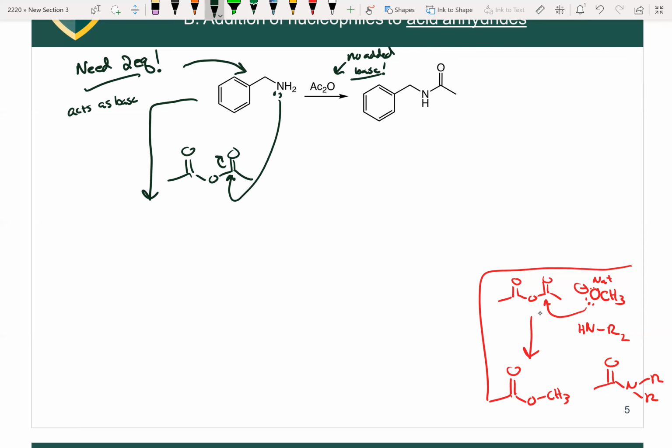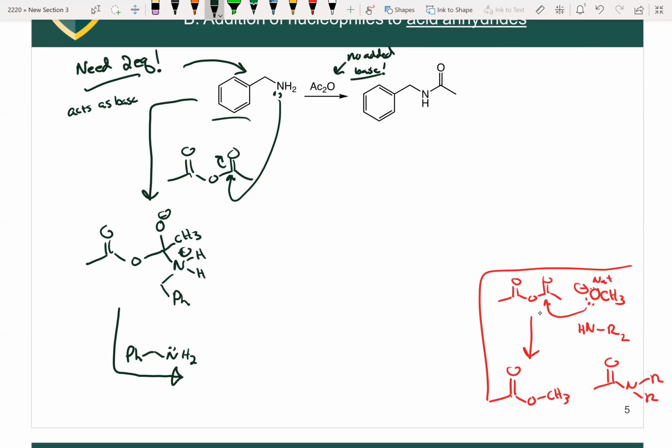We've seen this before. Again, Ph just means phenyl. Phenyl is a 6-membered carbocycle up here. There's a lot going on there, but this is our zwitterionic tetrahedral intermediate. And then here, what we can do is use more benzylamine as our base.